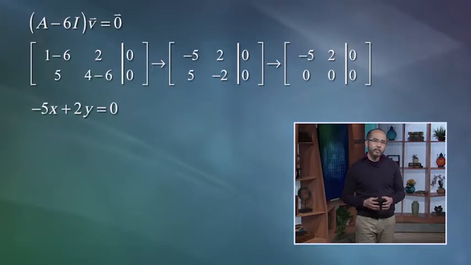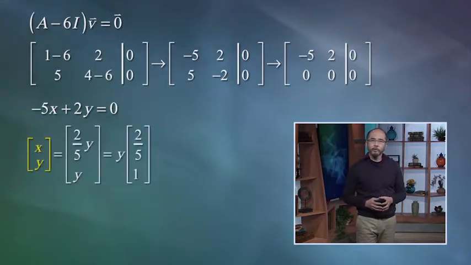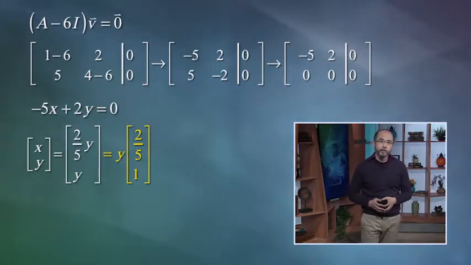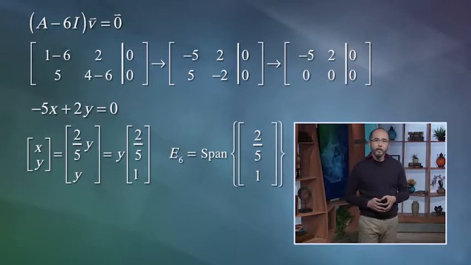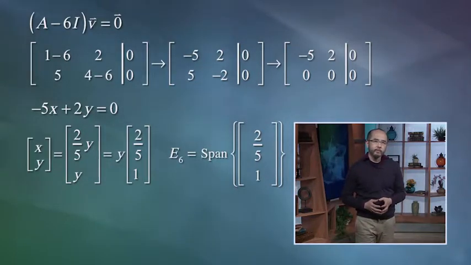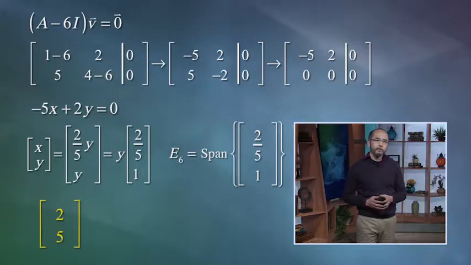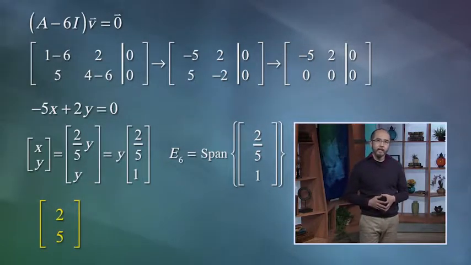And we find x equals 2/5 times y. So the vector (x, y) equals y times the vector (2/5, 1), where y can be freely chosen. Then any multiple of (2/5, 1) is an eigenvector of A with eigenvalue 6. In particular, (2, 5) is an eigenvector of the matrix A.